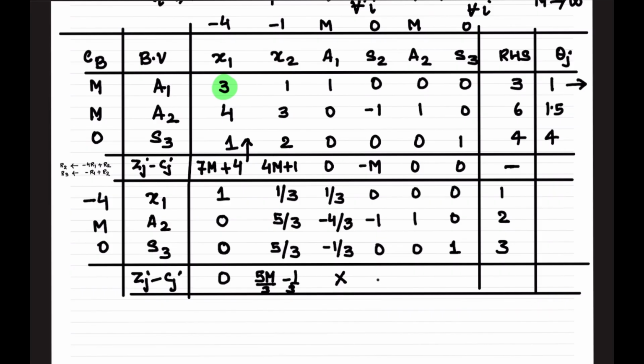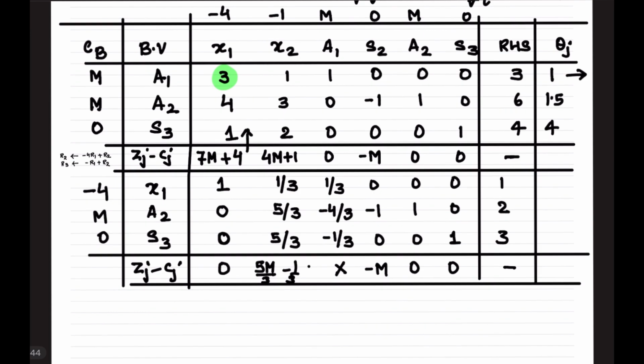S2 is minus M. A2 you write 0. S3 still 0, you do not calculate. Now what is most positive? This is most positive. The ratio is 3. The ratio is 6 by 5. The ratio is 9 by 5. So this ratio is the minimum. So what is the pivot? It is 5 by 3.